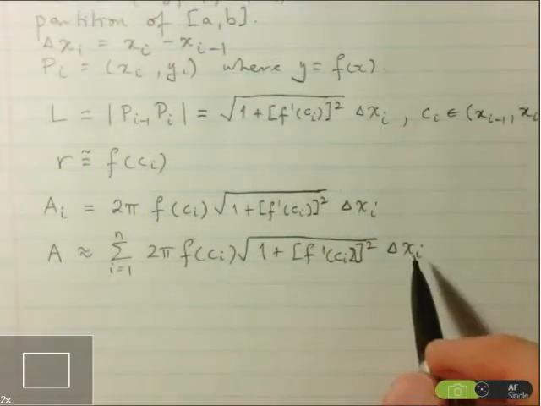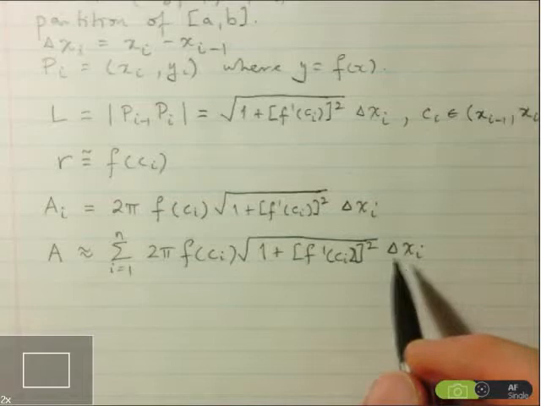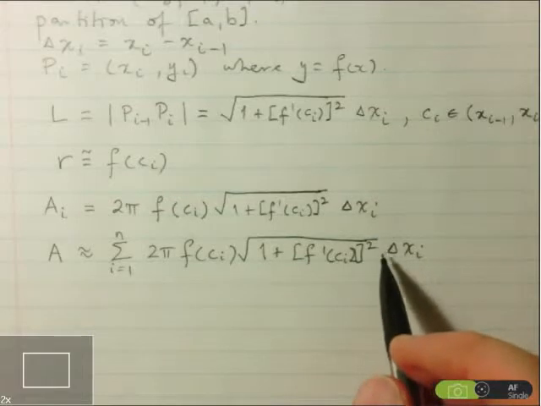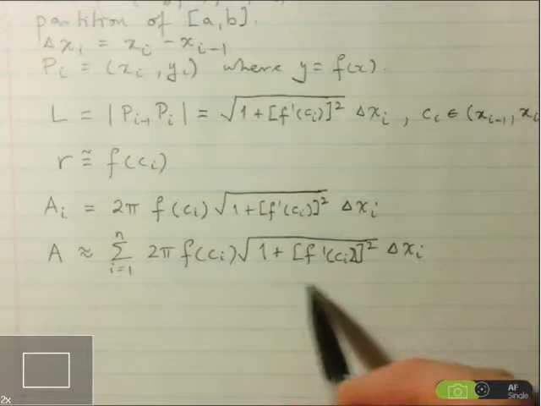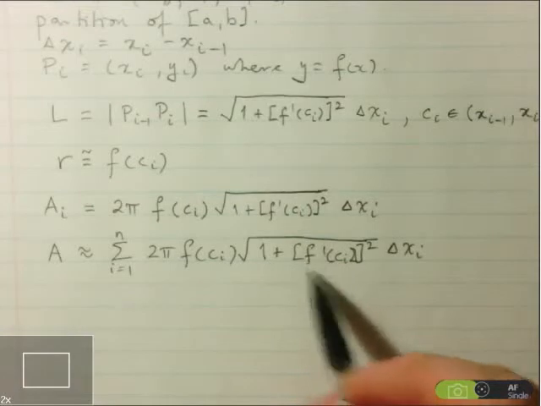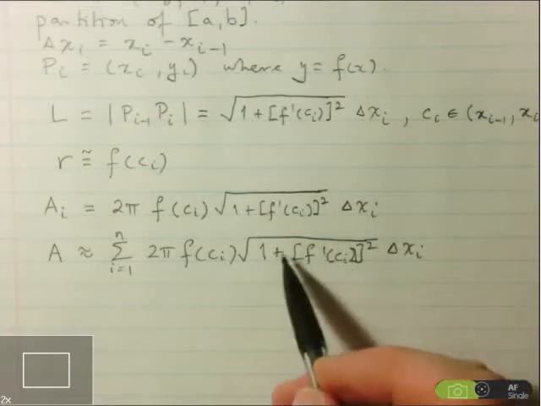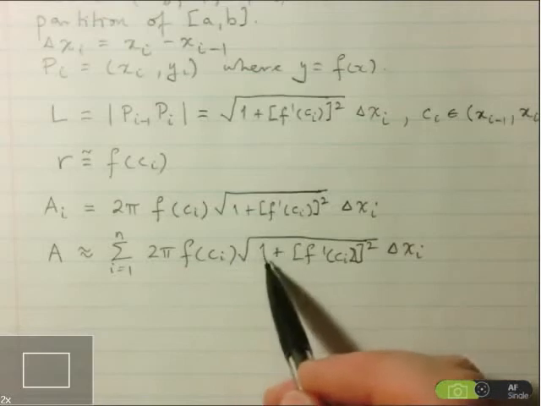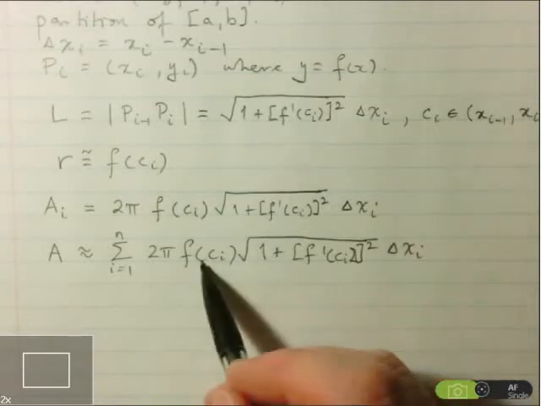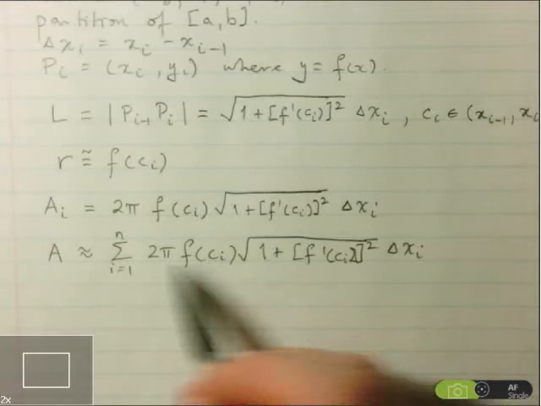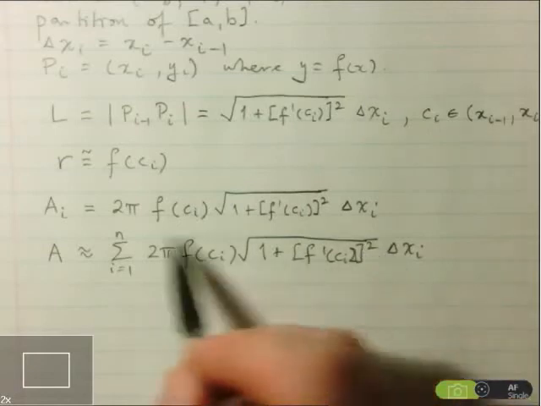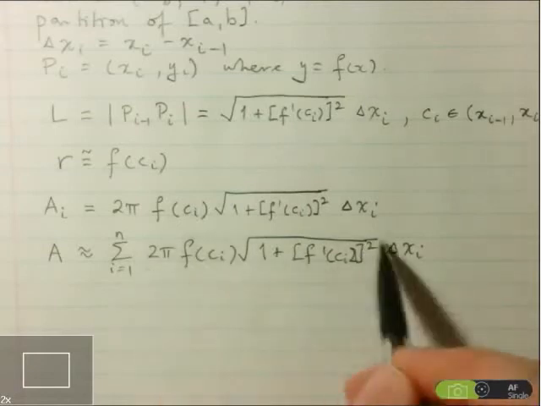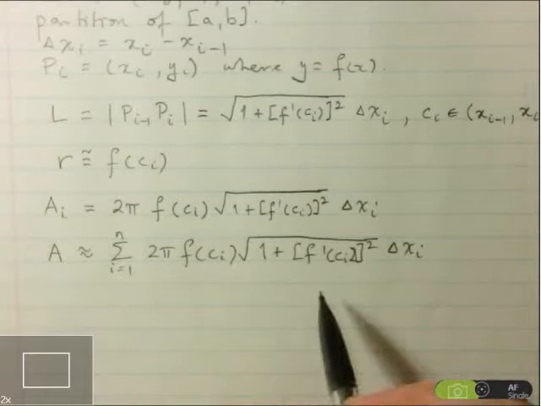Now, similar to what we saw with our work on the length of a curve, what we need in order for this to be integrable, ideally, is for f prime to be continuous, because then the square will be continuous, and here we have a sum and a square root, again all continuous. If f prime is continuous, we know that f itself would be continuous, and so in the end, continuity of the derivative will ensure continuity of this whole expression.